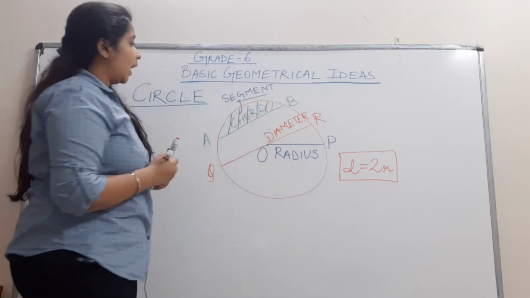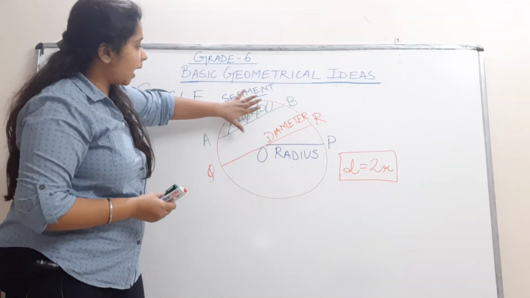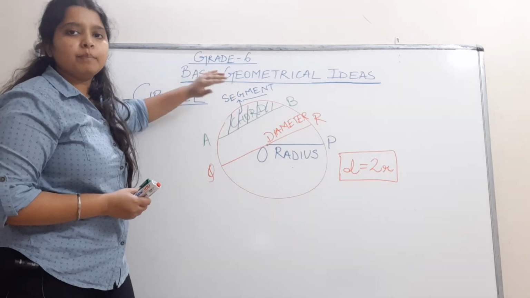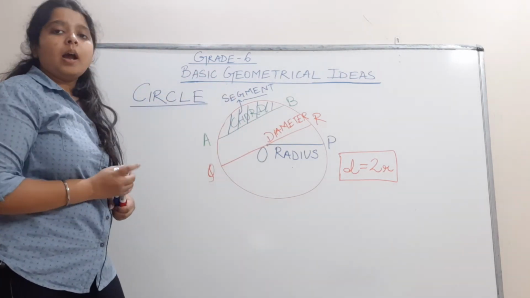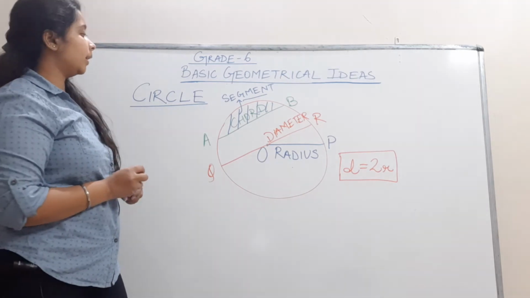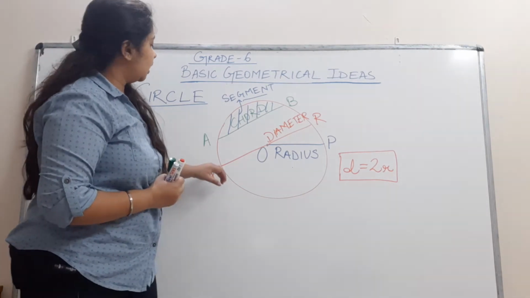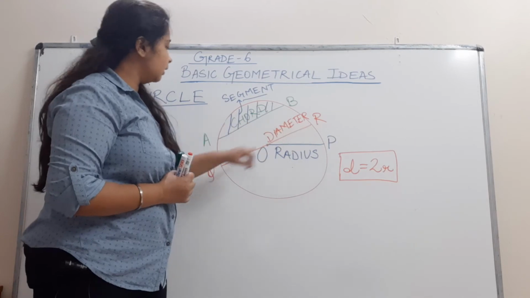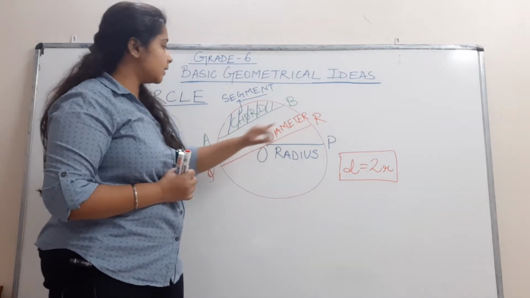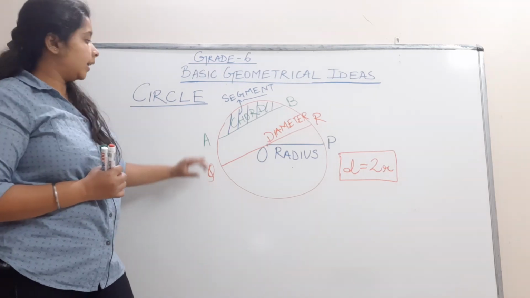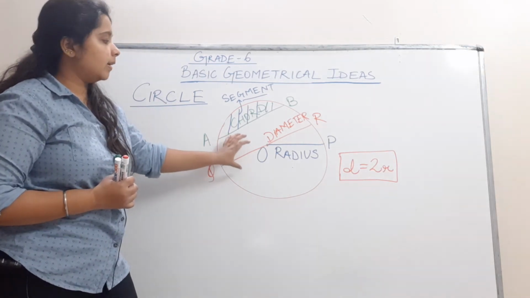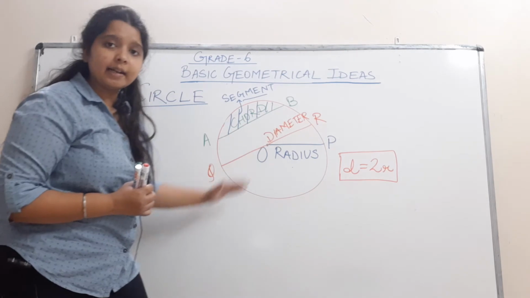The smaller part of the circle is known as the minor segment, and the larger part is known as the major segment. And the diameter, you see, divides the circle into exactly two equal segments because it passes through the center.